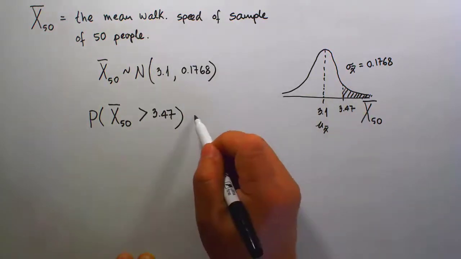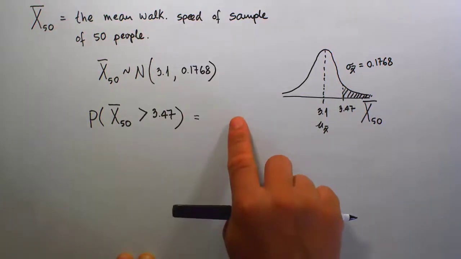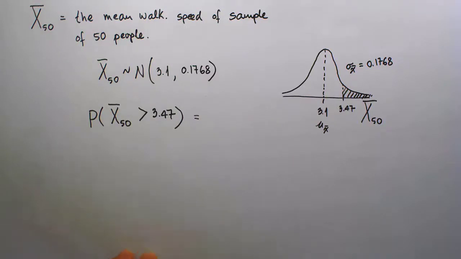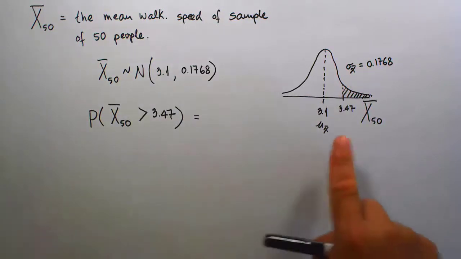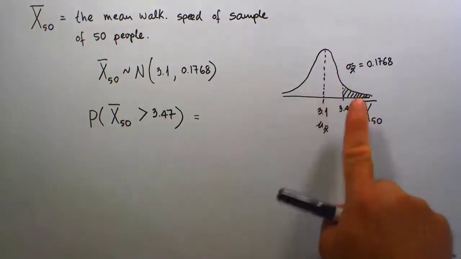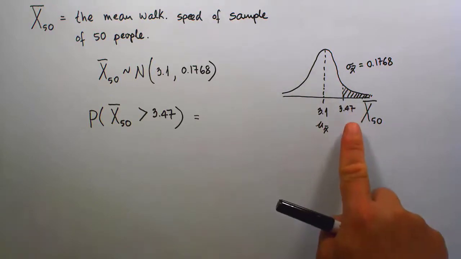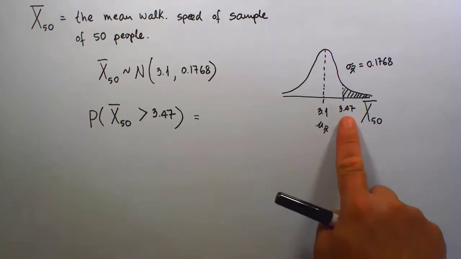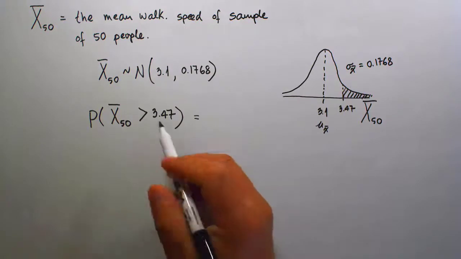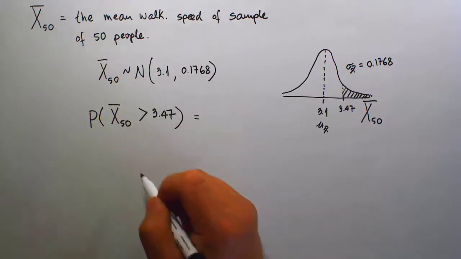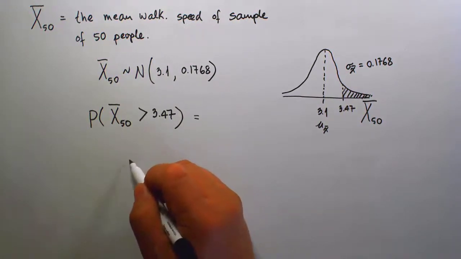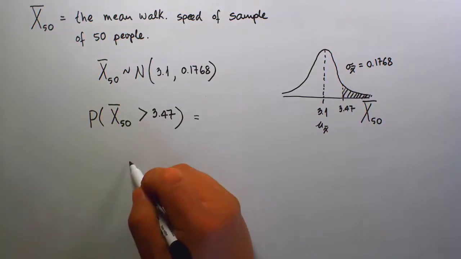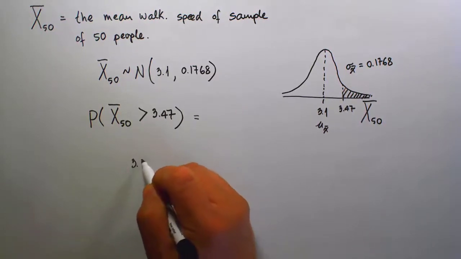The next thing now is to simply find an answer. Once we put ourselves on a bell curve, the usual bell curve work comes back. The first thing is I need to find the z-score for 3.47.